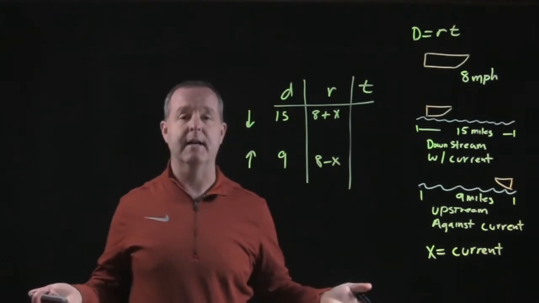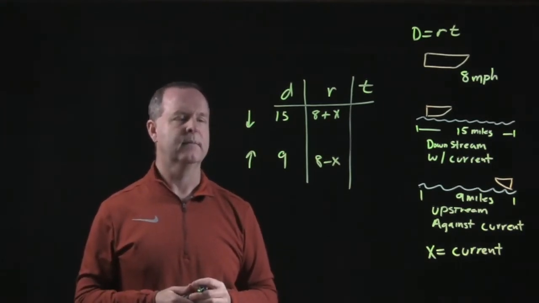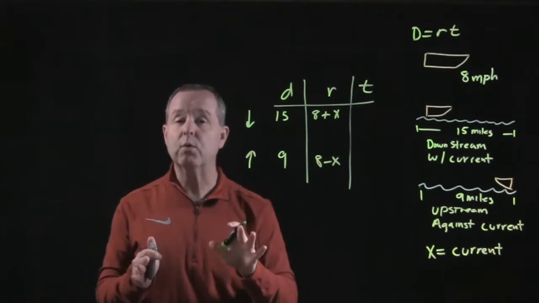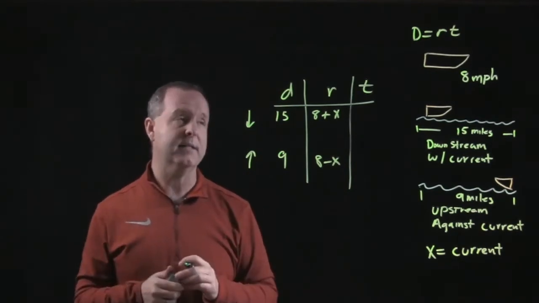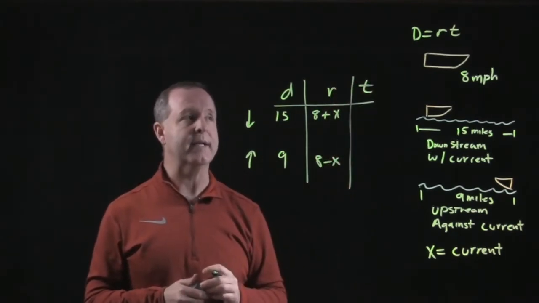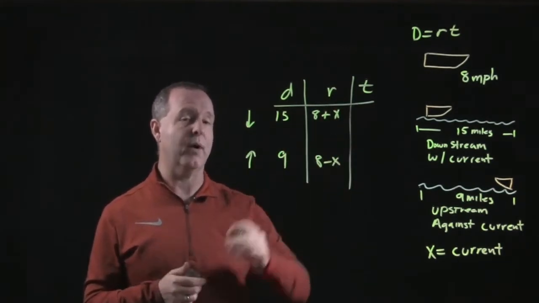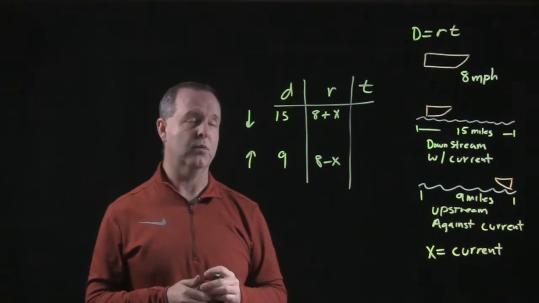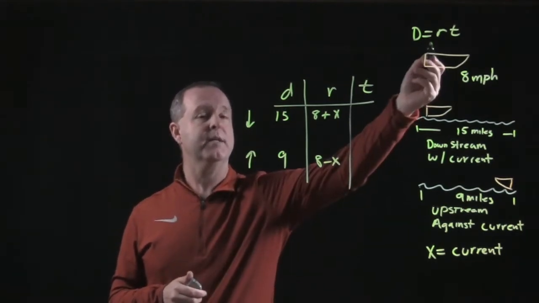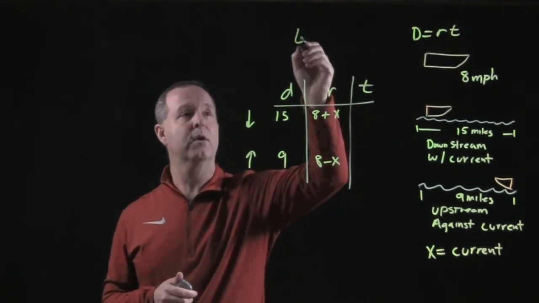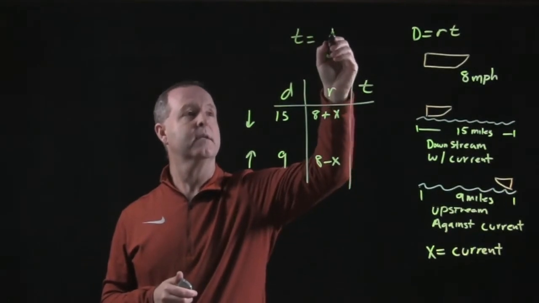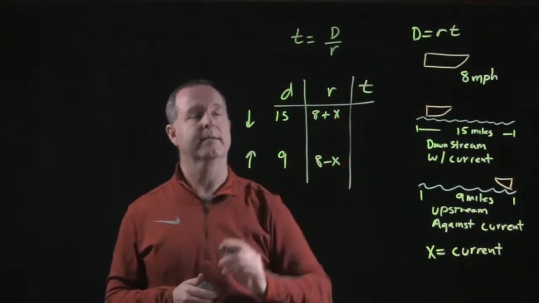So I found distance and I found my rate. Now what do I do with time? Well, that's where we go back and remember the equation the physics department gave us. Distance equals rate times time. I don't know time, but I know I can rewrite that equation in terms of distance and rate. So I'll solve that for t, and then we'll know that t equals distance divided by rate.